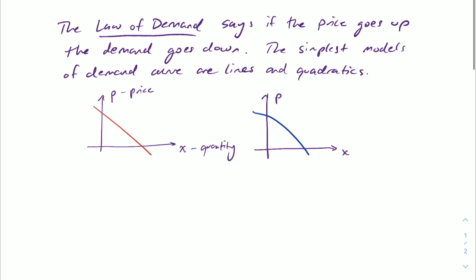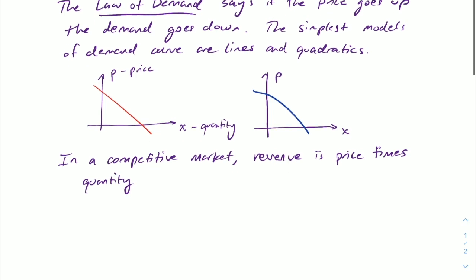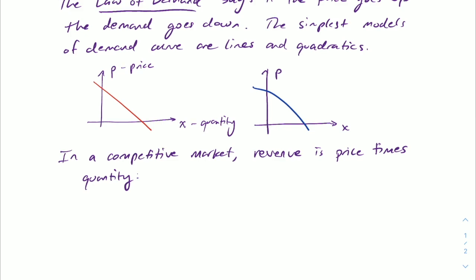Now, in a competitive market, revenue is price times quantity. So if we write this out, R is going to be P, price, times X, quantity.